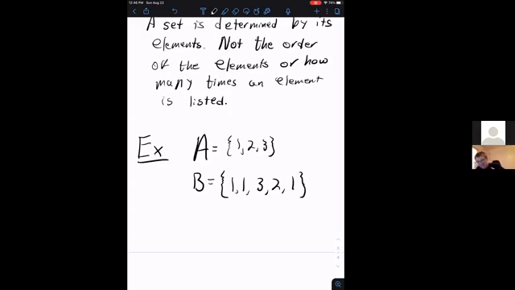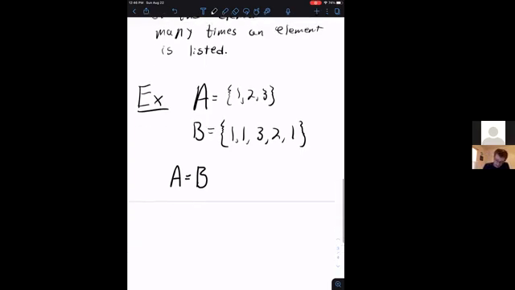But it's listed 1 three times and the order is changed. So order doesn't matter in sets. Neither does the number of times that you list an element. So set A is actually the same thing as set B. They're the same set. That's what the axiom of extension gives us.